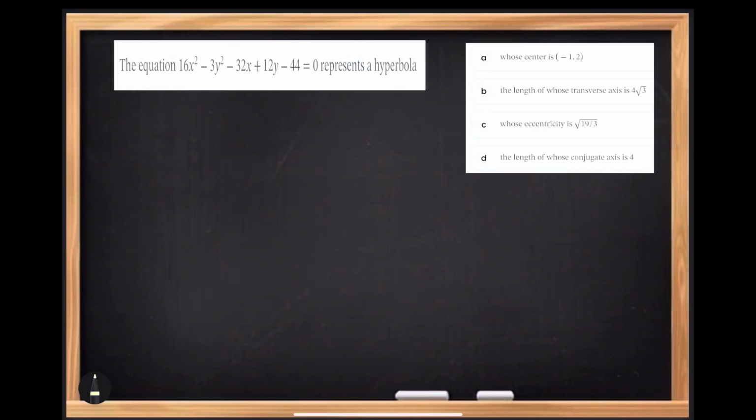Okay, so we have this situation. The equation represents a hyperbola. But you know that we are comfortable with this kind of equation: x square by a square minus y square by b square equals 1.